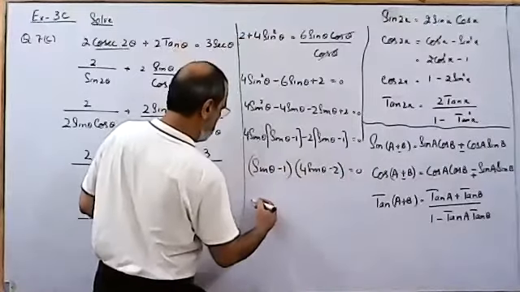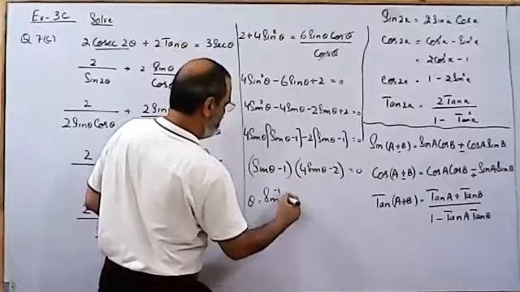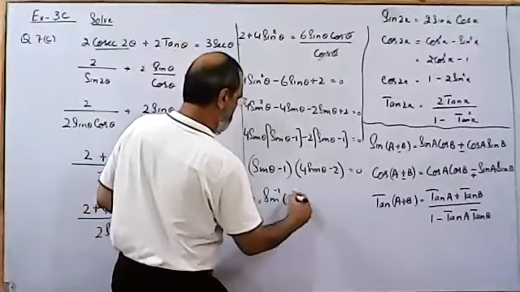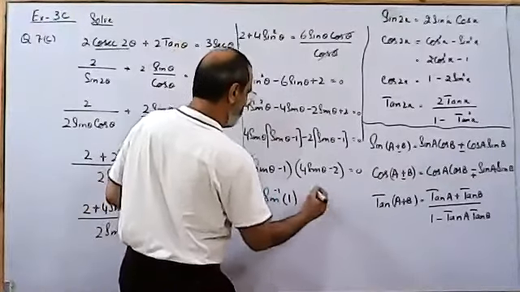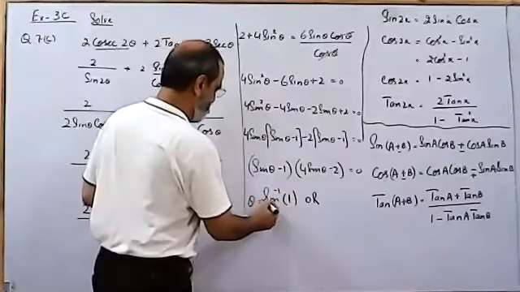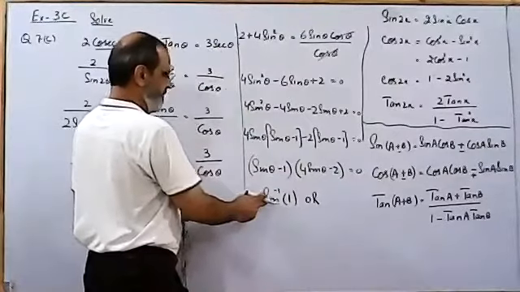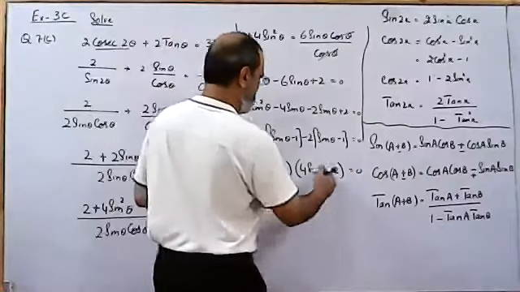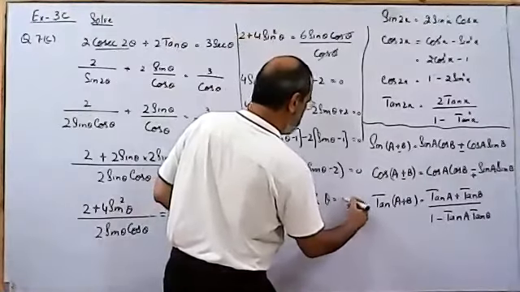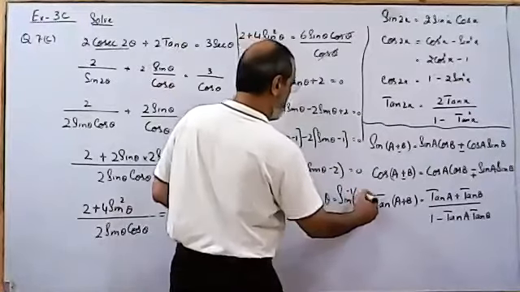It gives sine theta equal to 1, or I'm skipping a few steps because we don't have space to write further. So this factor will give you sine theta is equal to 1, and this factor will give you sine theta is equal to 1 by 2.